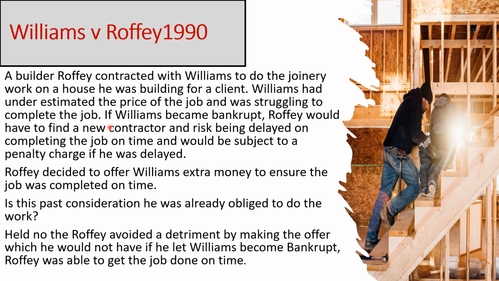The reason why Roffey couldn't afford it is because the contract he had with the person they were building the house for had a penalty clause that said, we expect you to finish on such and such a date, and if you don't finish on that date, you will incur a penalty per day off the price. So the price would go down effectively, and Roffey would lose money.